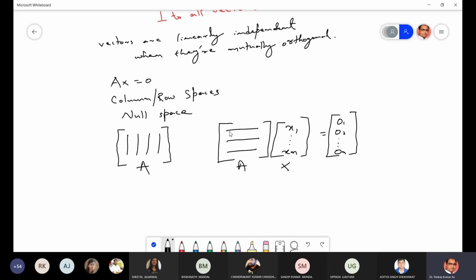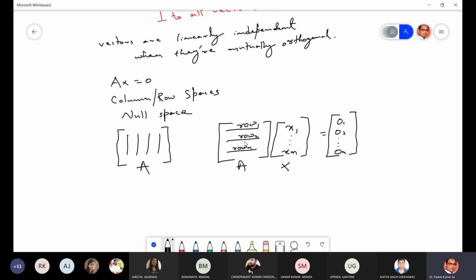So that means row 1, row 2, row n, or as many rows as you have, that doesn't matter here. The number of elements in row 1 has to be n.